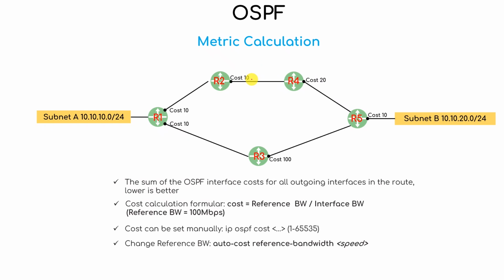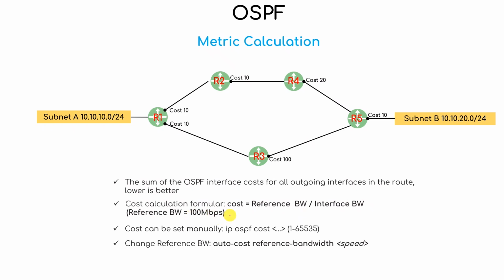The metric from source to destination in OSPF is the sum of the OSPF interface costs on the outgoing interfaces along the route, and the cost is calculated with the formula cost equals reference bandwidth divided by interface bandwidth, where the reference bandwidth is by default 100 megabits per second.